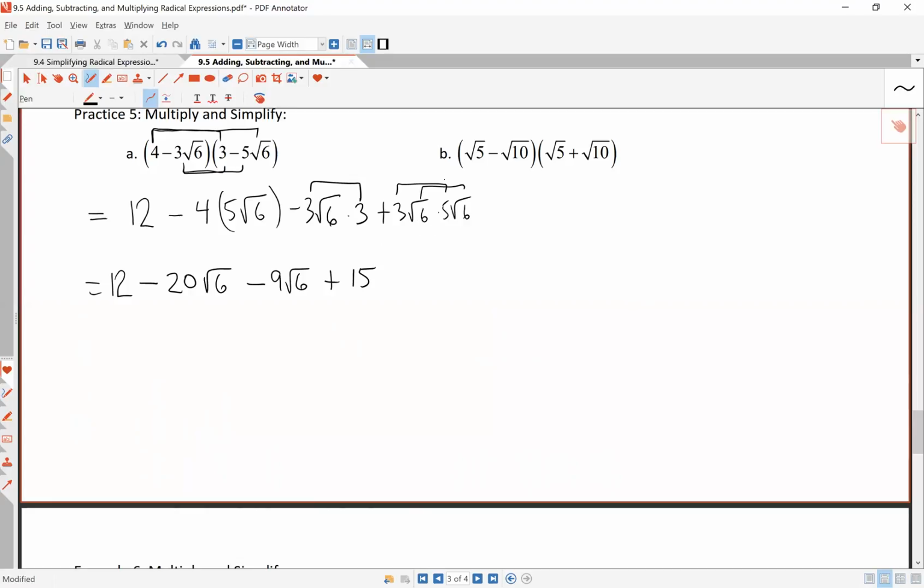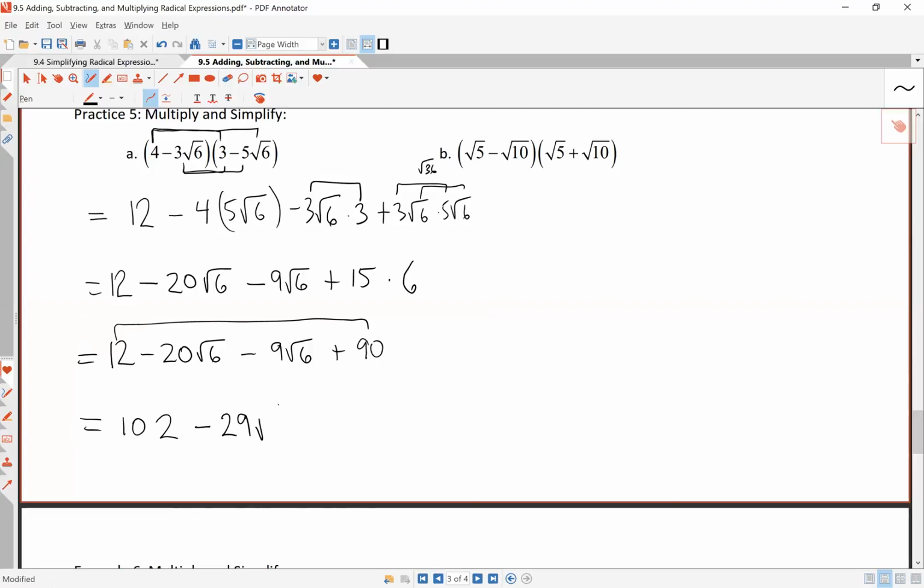That's going to give us square root of 36, which is just 6. And 6 times 15 is 90. So our like terms are 12 and 90, 102, minus 29 square root of 6.